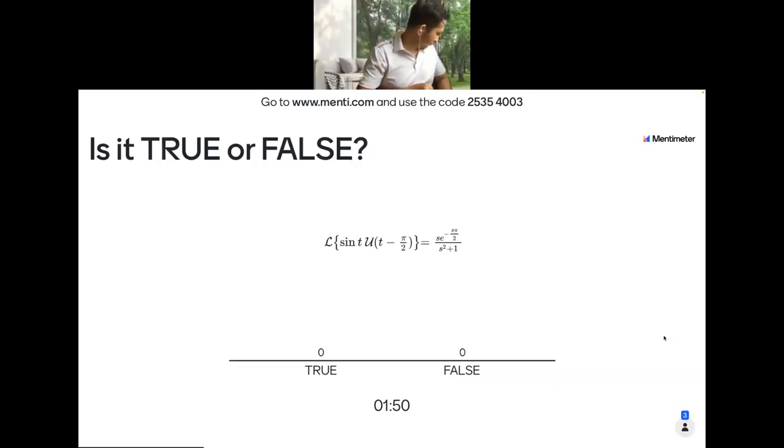But you need to check whether if it's true if this is sine.